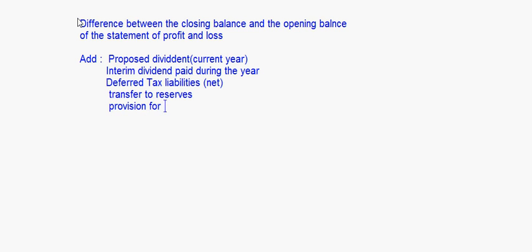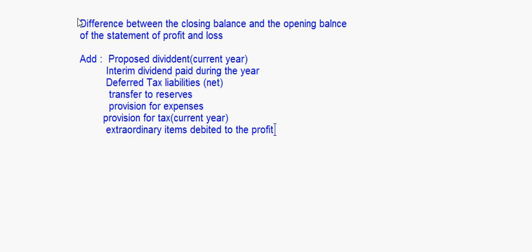Provision for expenses, provision for tax for the current year, extraordinary items which have been debited to the profit and loss account, right? Now these are the items to be added.